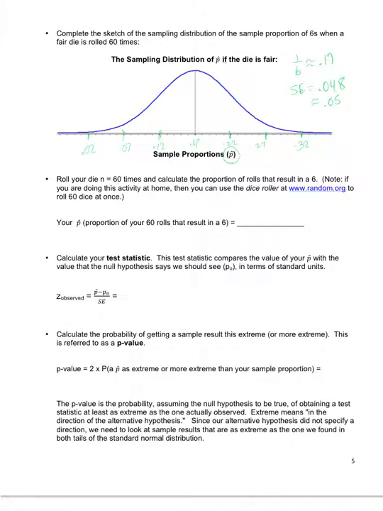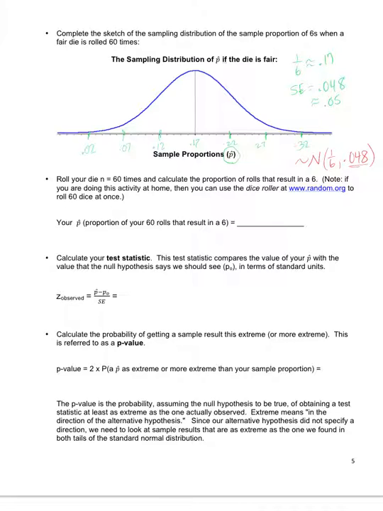So all these values on your horizontal axis are possible sample results for rolling a die 60 times. They're all the proportion of 6s you might see. All right, one last piece here, the sampling distribution, we can say is normal. And it's centered at 1/6 and has a standard error of 0.048. And I'm going to just keep the more exact value in that notation.